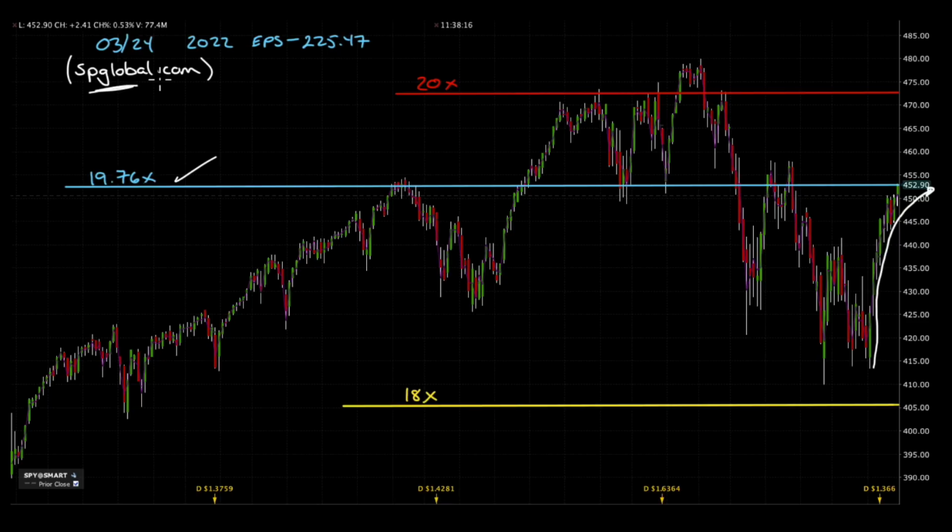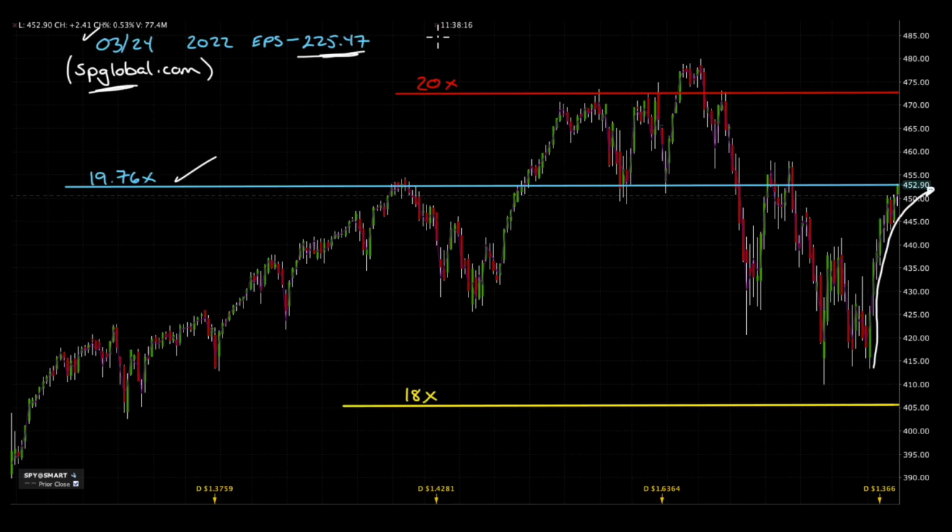I'll show you where I'm getting the forward earnings here. We're at 225.47. This is from the S&P Global.com site. As of the 24th, energy EPS have been upgraded, but earnings in other sectors have been brought down. So we end up at 225.47.